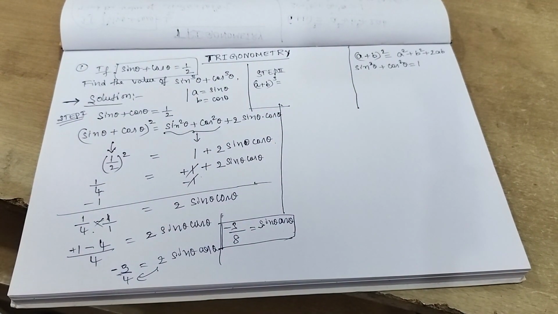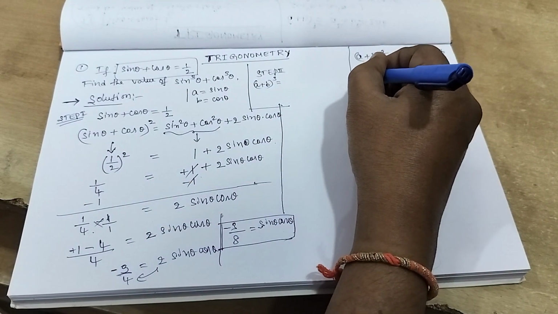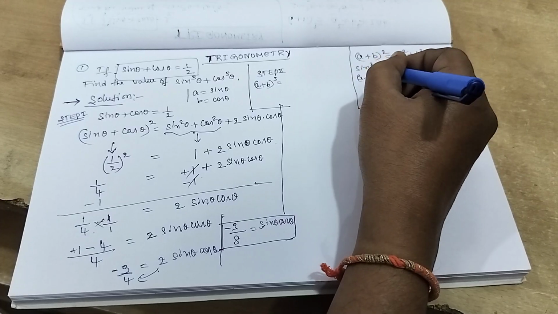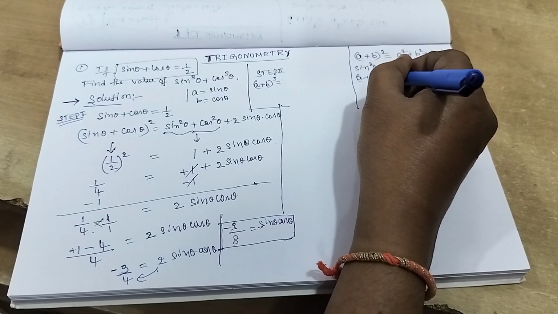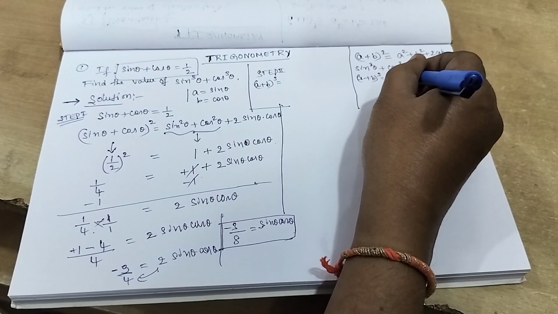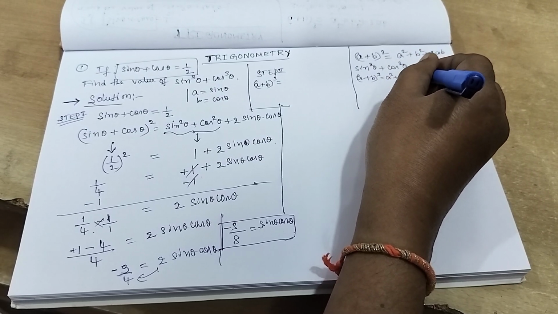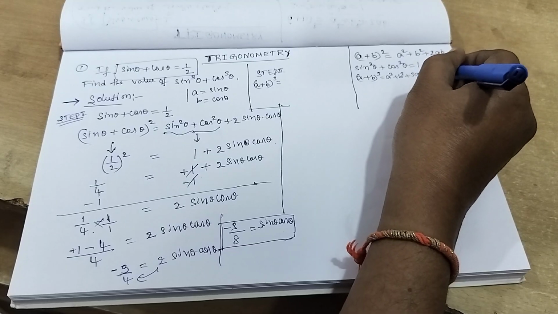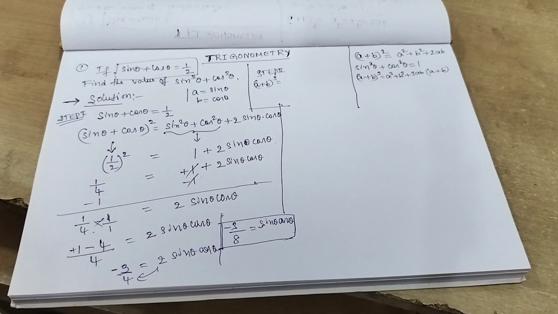So a plus b whole cube, which is equal to a cube plus b cube, then plus 3ab, then times a plus b. So this is the identity I'm going to use.